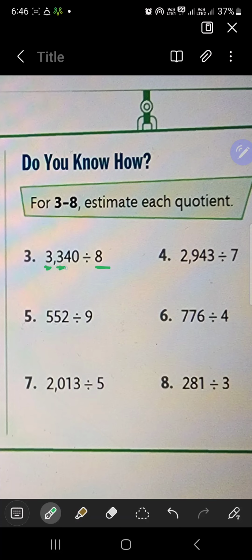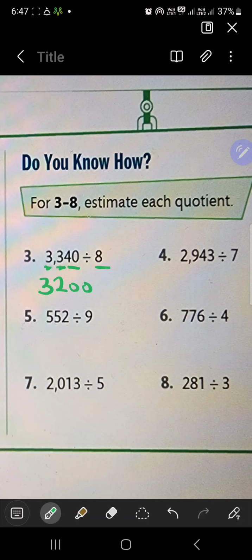In the timetable of 8 there is 32, then there is 40. So here I'm going to say, okay, nearest for me is 32. So I make this 32, and the other two digits I make them zeros so that I become able to divide.